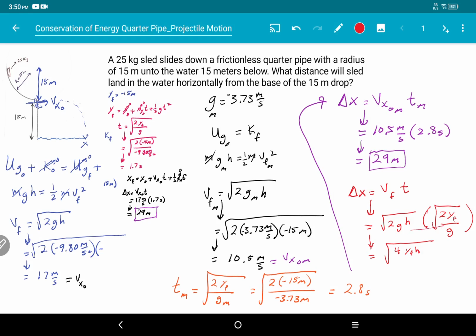This fraction bar extends and g's cancel. So g cancels out of this. This answer is going to be 2 square root y final h. And in our case, it would be 2 times 15 meters, 30, 29 if you go to 1 sig fig.